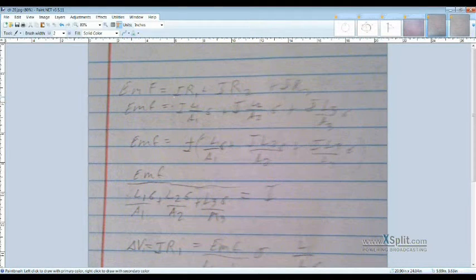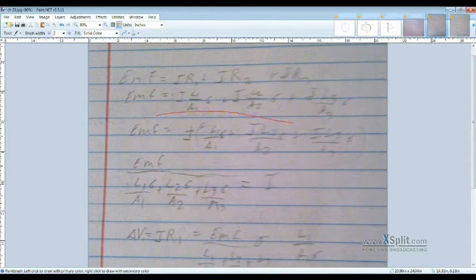So we can say that EMF equals IR1 plus IR2 plus IR3. We don't know the resistance of any of the wires, so we can use the formula for resistance, which is the length over the cross-sectional area times sigma, which is the conductivity of the object.